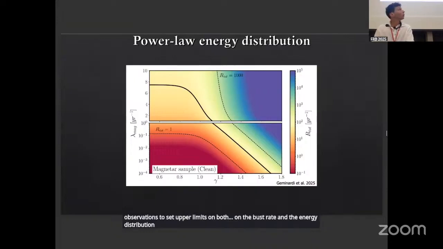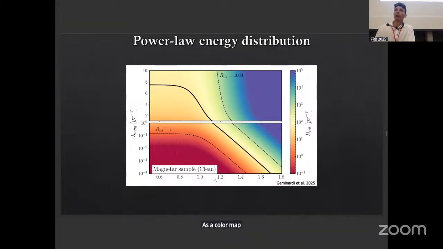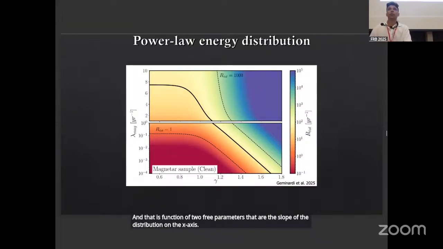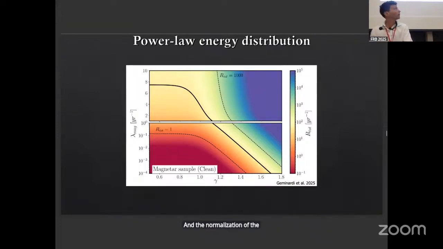Here in the plot, you can see as a color map the rate of detectable events predicted by our power law energy distribution model, and that is a function of two free parameters: the slope of the distribution on the x-axis and the normalization of the power law on the y-axis, that corresponds to the rate of events with energy greater than the FRB-like event emitted in 2020 by SGR J1935.